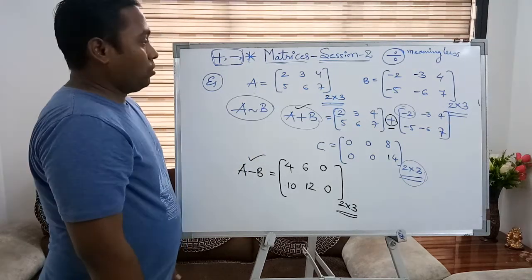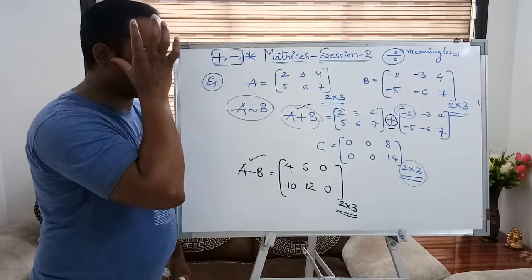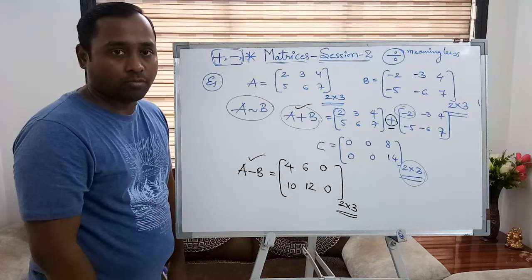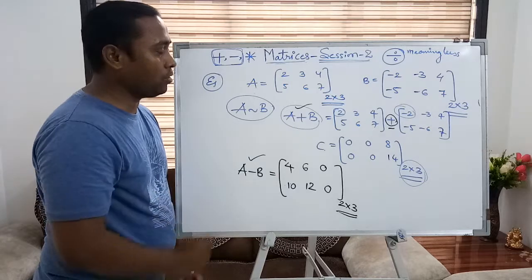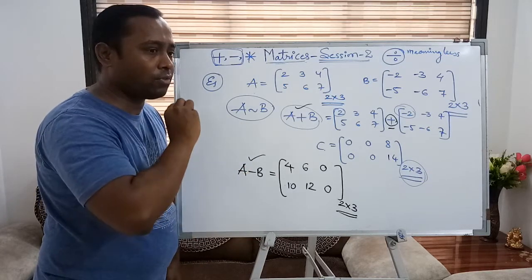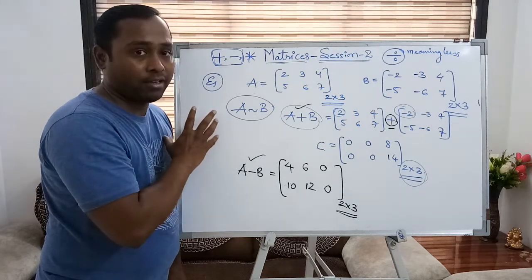Remember? So now based on this, we are going to discuss some more. Before that, first we'll understand the multiplication process also. It's so important. Understanding addition and subtraction is, you know, a very silly thing.